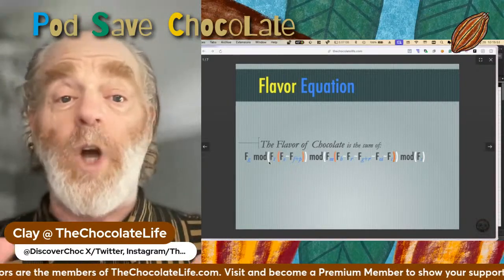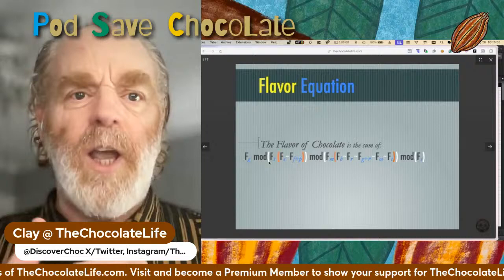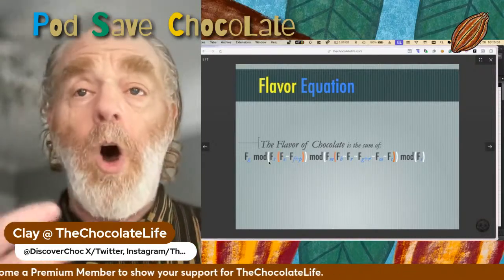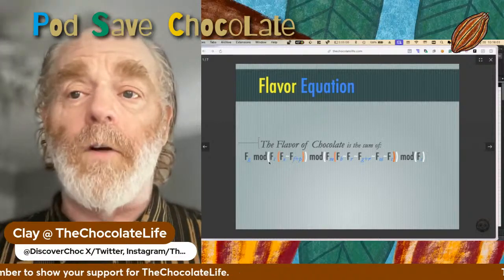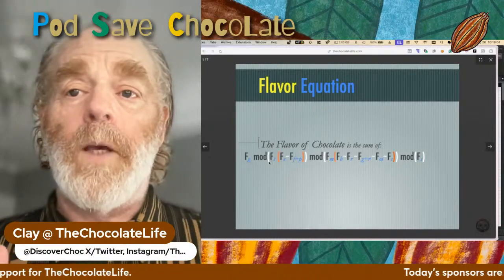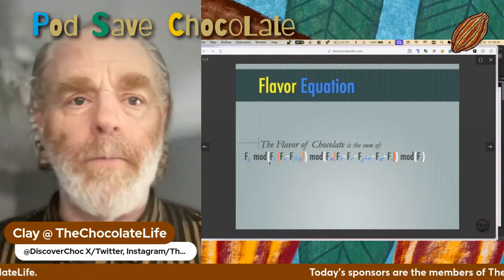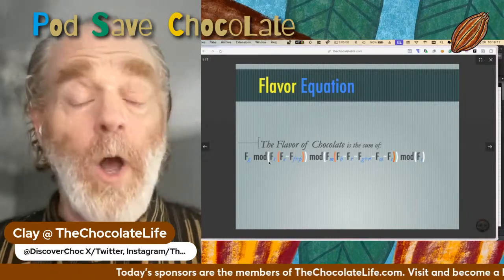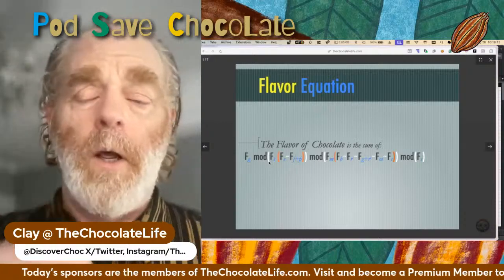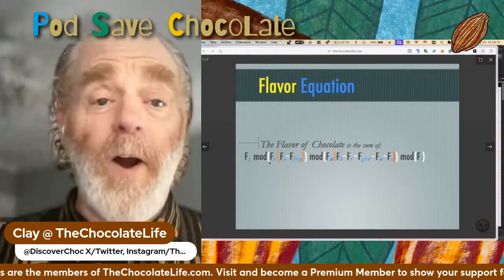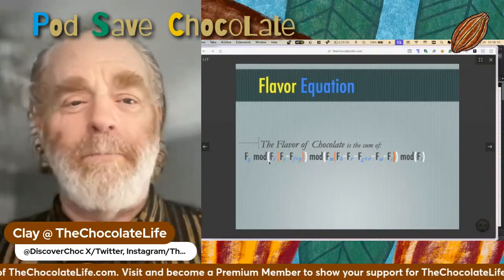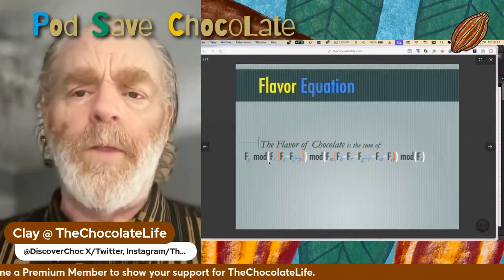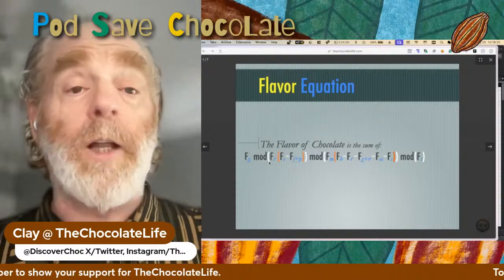In fact, all you'll get is a basic monotonic chocolate flavor out of that bean. All of the flavors that cacao experts, connoisseurs, treasure, the fruity flavors, the floral flavors, all those other non-cocoa flavors that are in chocolate come from the fermentation process that makes these chemicals more available to the chocolate maker.